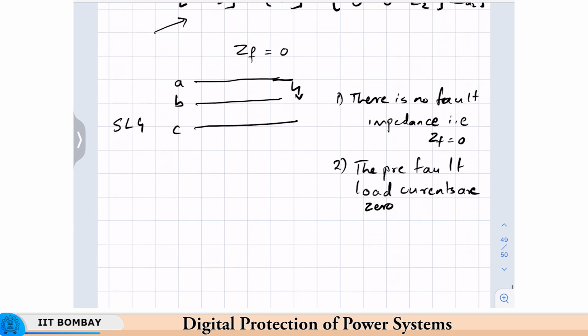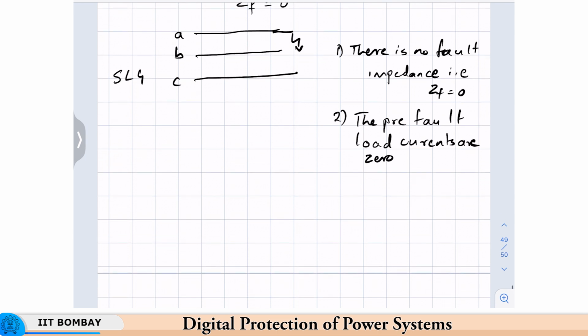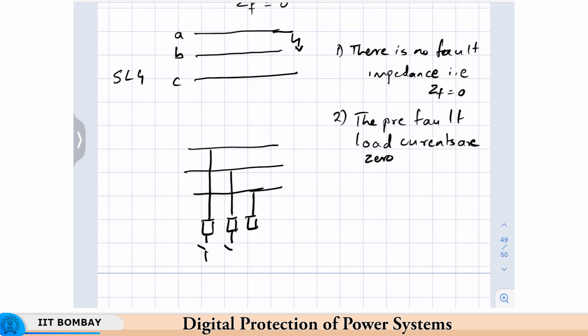Actually, if we want to do it in a more rigorous fashion, we will have to take the three lines and then take three impedances and switch them according to the nature of the fault. But we are simplifying things a bit for analysis.